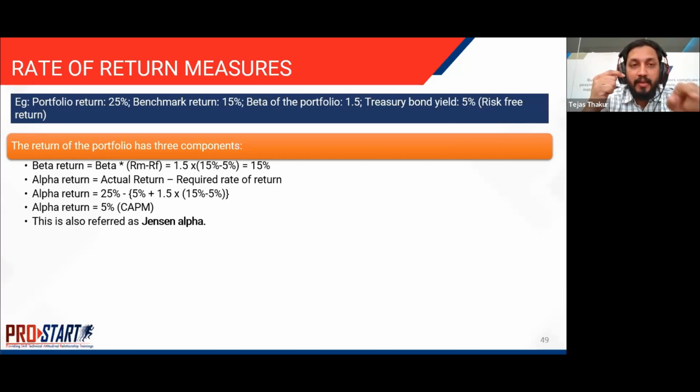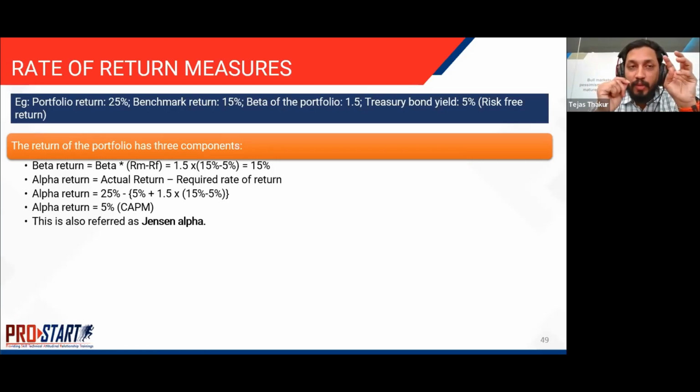So beta return is beta into the benchmark return minus the risk-free rate, which gives you 1.5 into 10%, which is 15%. Now, anyway you will get the risk-free rate return, which is 5%. So 5% plus 15% is what anybody would have got by taking that amount of higher risk as compared to the markets, or as compared to the benchmark, which is basically the 20% return.